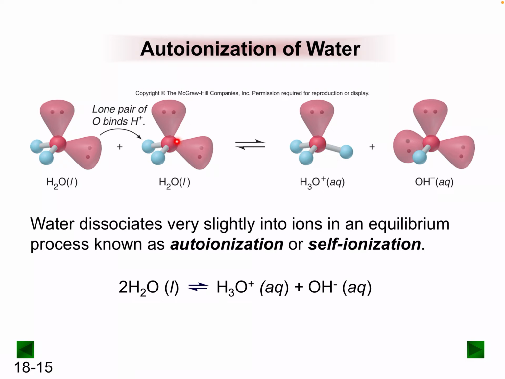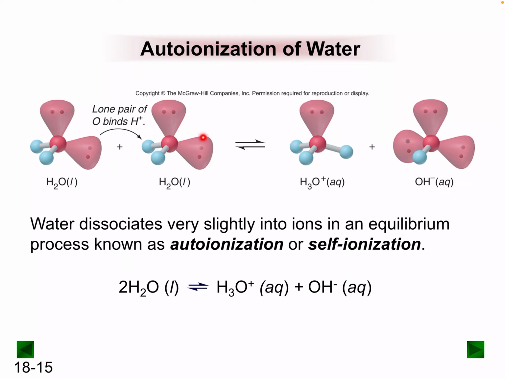Now what about the other water molecule? It has 2 lone pairs. Now since this hydrogen and oxygen bond breaks and there are 2 electrons in this bond, and this hydrogen doesn't need those 2 electrons because it's getting them from the lone pair, the 2 electrons in this bond are given to this oxygen.